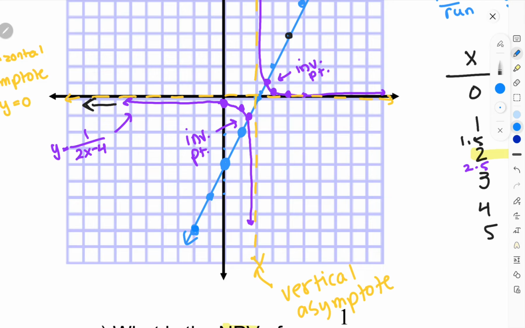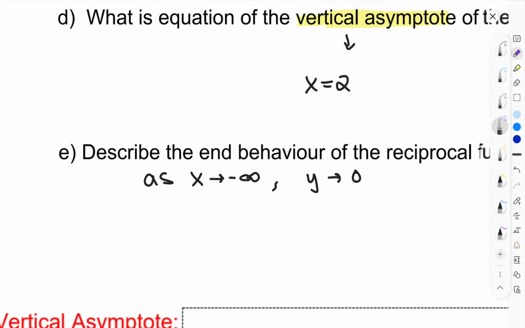Like if I think about this point here, I had -2, -8. The reciprocal point on my other graph at -2 is going to be -2, -1/8, right? -1/8 is already a pretty small decimal. As I keep getting further, I'm getting closer and closer to 0, but I'll never reach 0 because I don't have a 0 in the numerator.